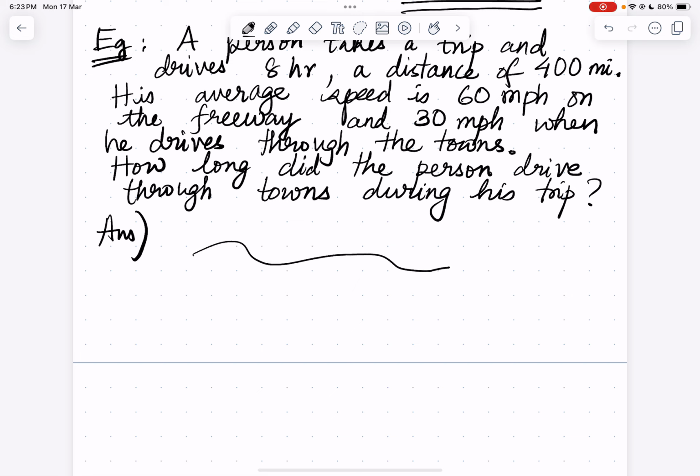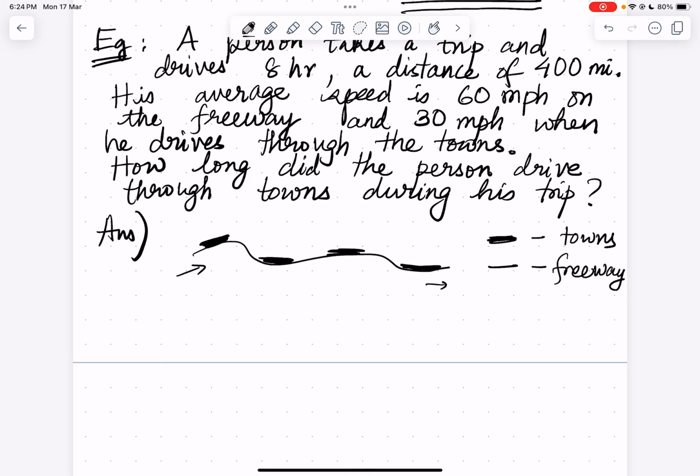He's driving in some path, and for some region you have, so the shaded region, let's say these are the towns, and the normal region, let's say this is the freeway.